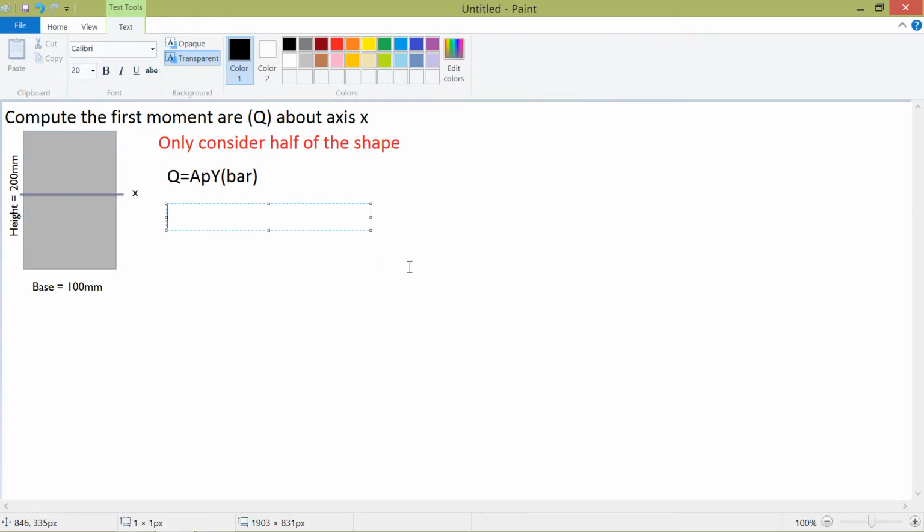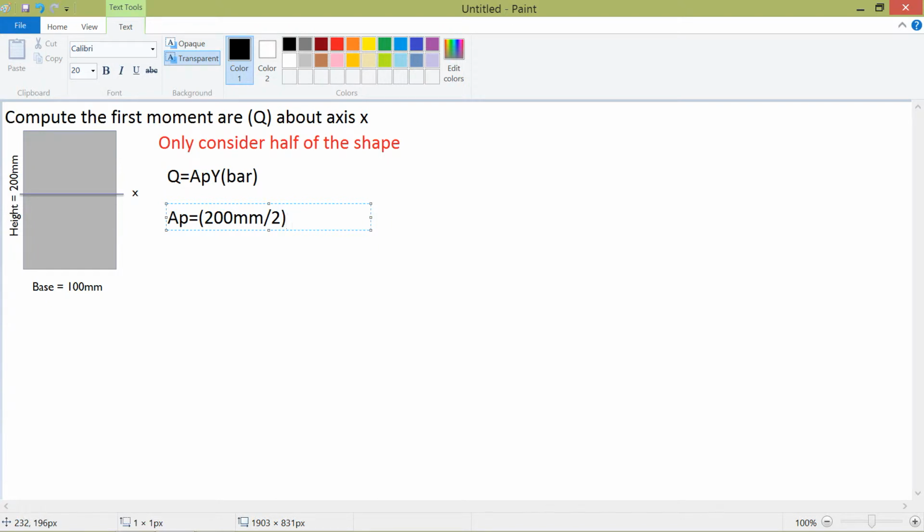then A_p is just going to equal 200 millimeters. I'm getting 200 millimeters from the height. That's the height of the overall thing. I just want the height up to x. So 200 millimeters divided by 2 gives me the height of just from here, you can see my cursor, up to x, half of the area.